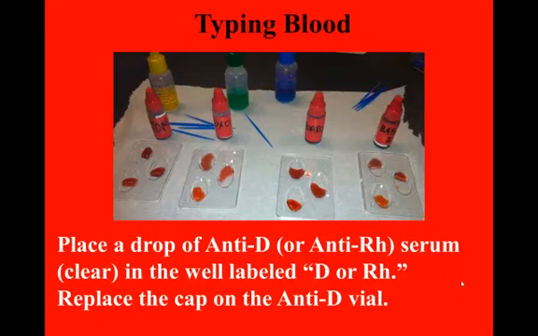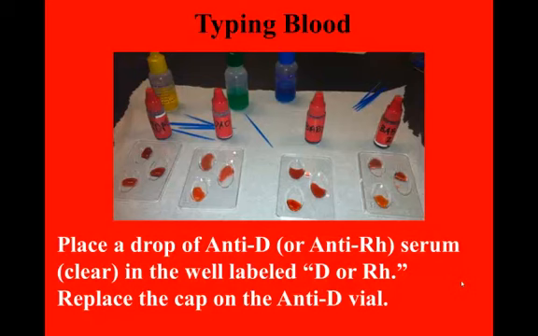What if all 3 wells do not have any reaction? So no clumps in any of them. That is O negative blood. Okay, what if the A clumps and the other 2 wells do not? What type blood would that person have?